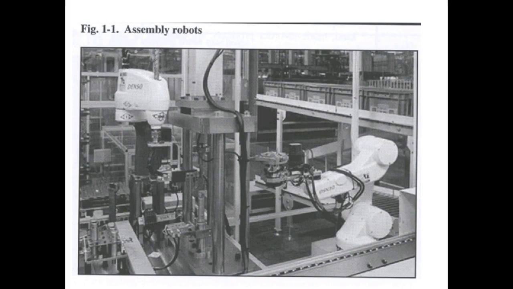The robot on the Festo line is an assembly robot. So what would be the difference? Well, a machine tending robot just moves parts between machines. An assembly robot does what? Puts parts together. So let's see if this works.